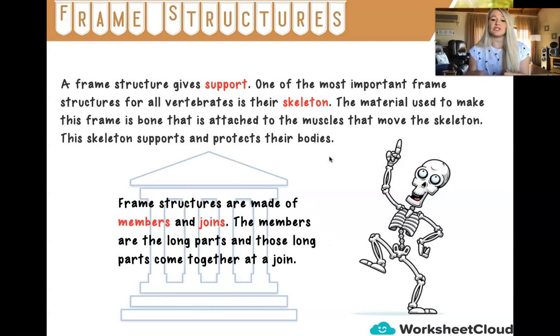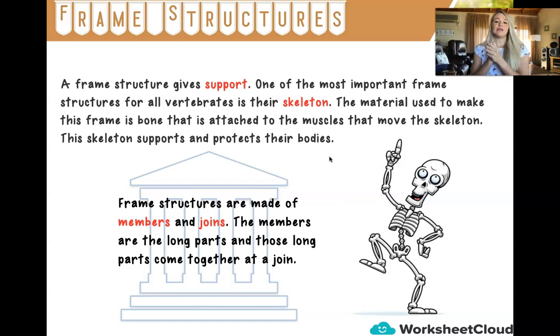Then we have frame structures that are made of what we call members and joins, right? So the members are sort of long parts, and those long parts come together at a join. So a frame structure is made up of different pieces, if I can put it like that. And these pieces, the longer pieces, are called members, and where those pieces get together, they're called joins.